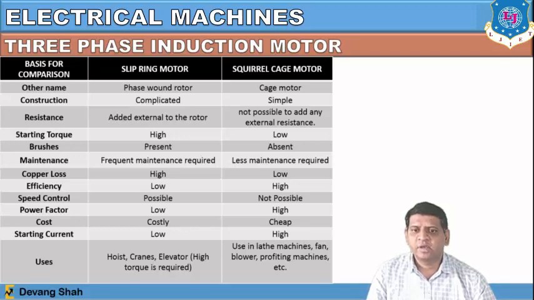Hoists, cranes and elevators, where high initial torque is required, use the slip ring motor. But lathe machines, fans, blowers, printing machines, etc. are applications of the squirrel cage motor, where low torque is required.